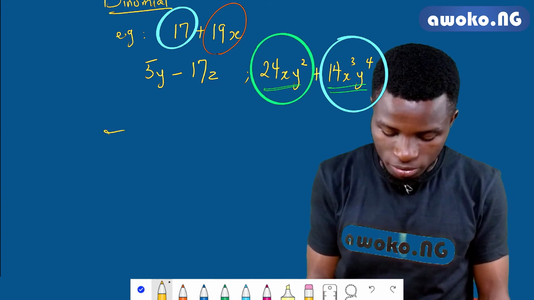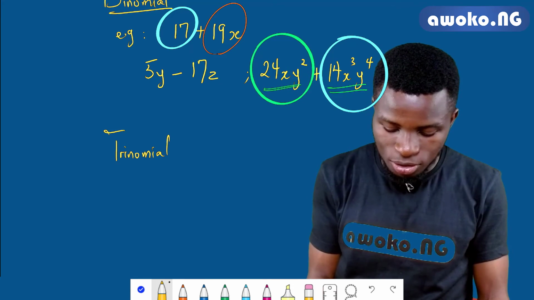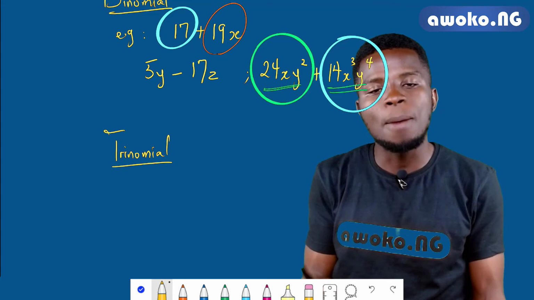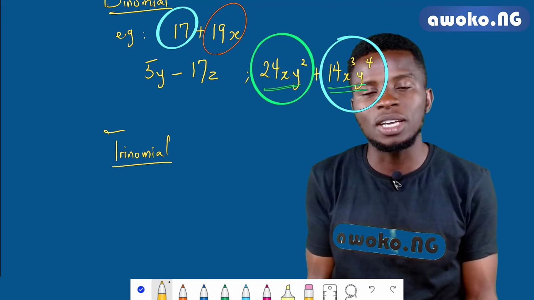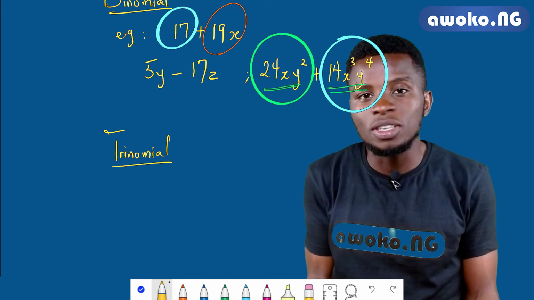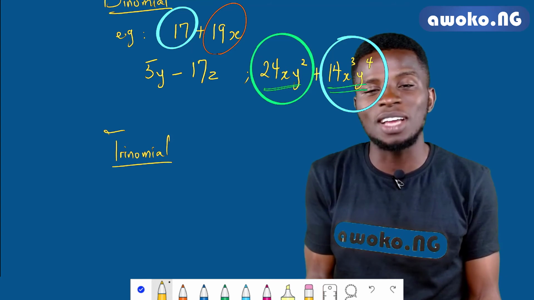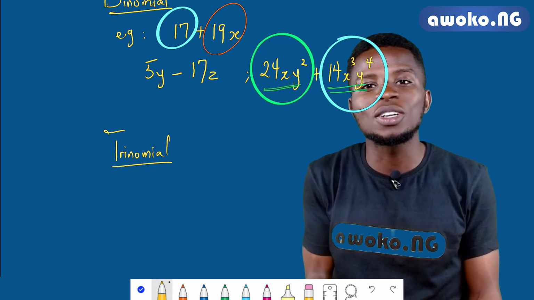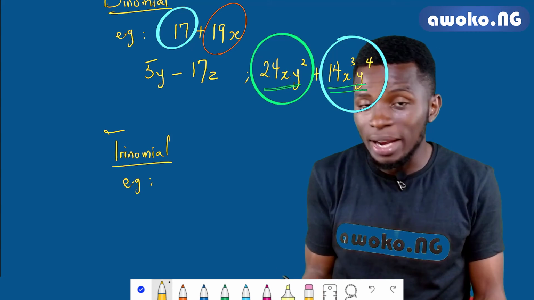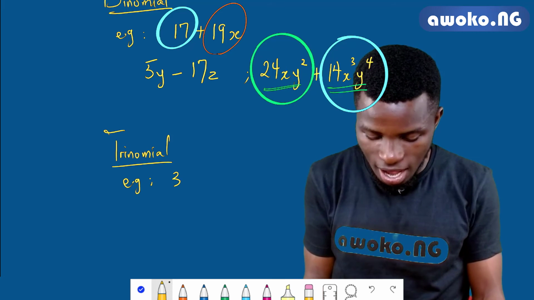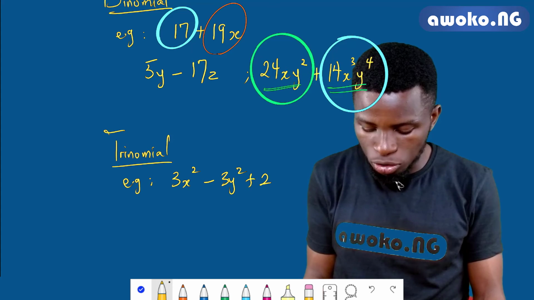The trinomial. And I'm sure your guess is as good as mine, since we said a monomial consists of just one term, that is a single term, and a binomial consists of two terms. Of course, trinomials will be seen as polynomials consisting of three terms, or consisting of three monomials. An example of a trinomial could be seen as 3x squared minus 3y squared plus 2.